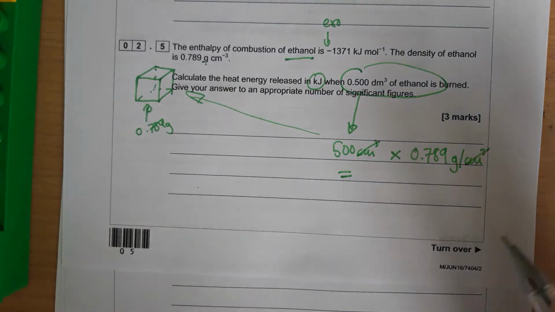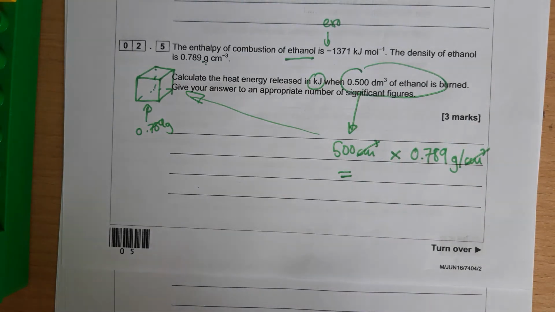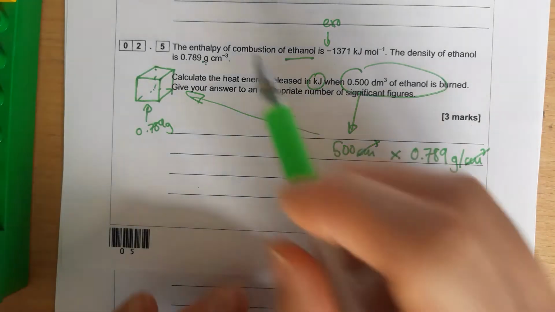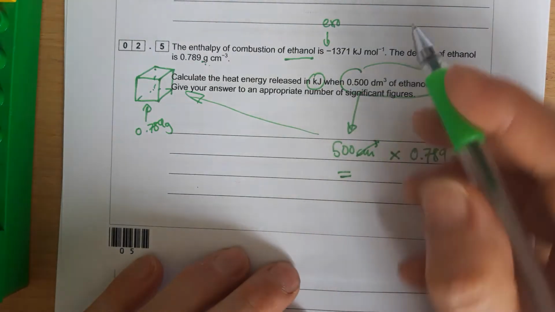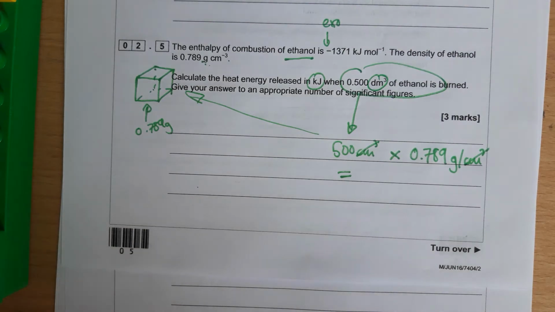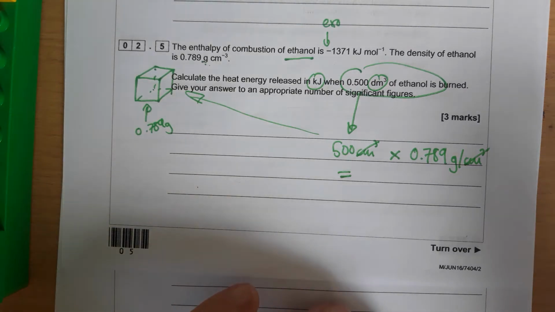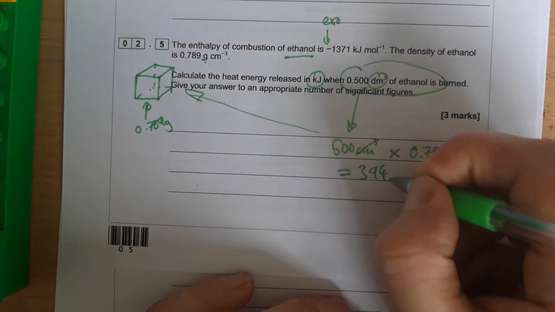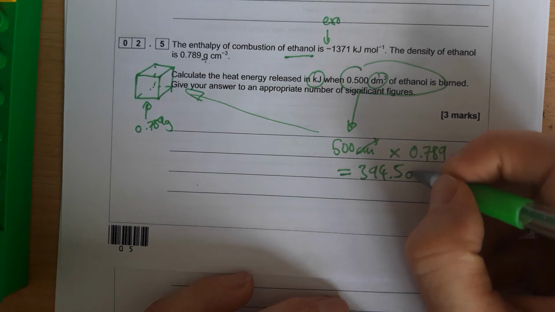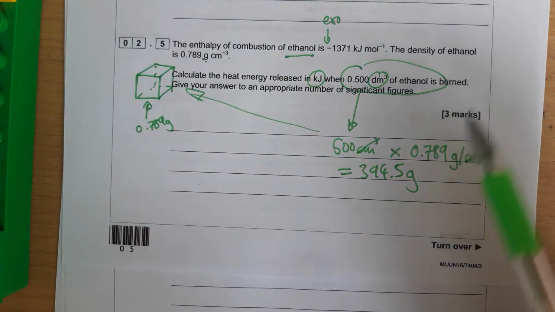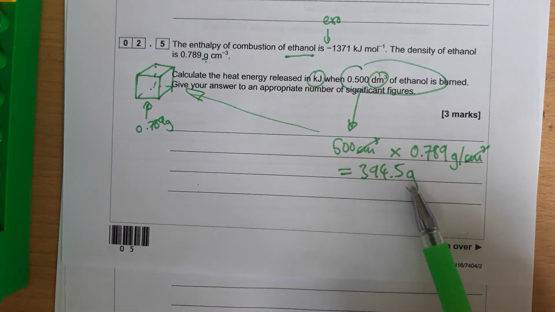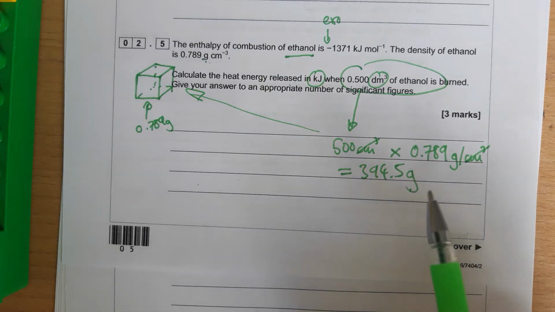First mark is for doing that. You're turning the density into a mass. Don't overcomplicate it. It's a bit of a unit conversion, but it's not that difficult. 394.5. It says here that it would accept 395 because it's 3 sig figs. 394.5 grams of ethanol.